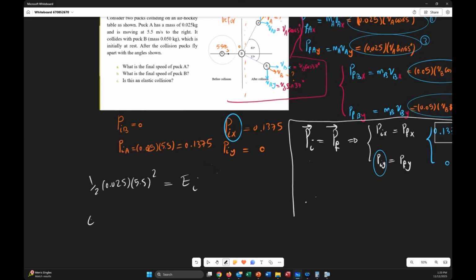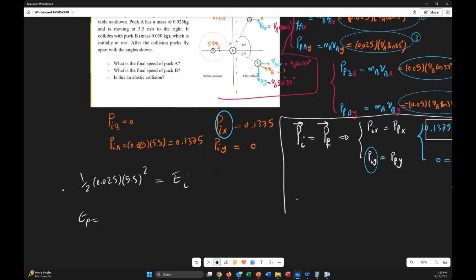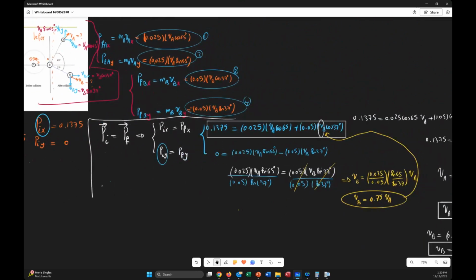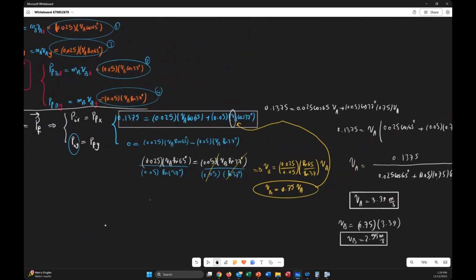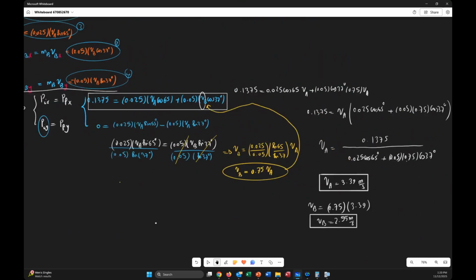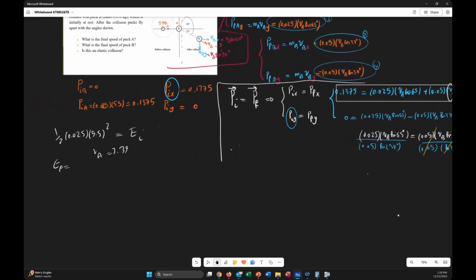What is the energy after? It's going to be, both will have velocity, good? And we already calculated the velocity. Okay, so what is the velocity for each one? One was 3.39, VA, 3.39, yes? And then the other one, VB, is 2.55. So calculate the E final.